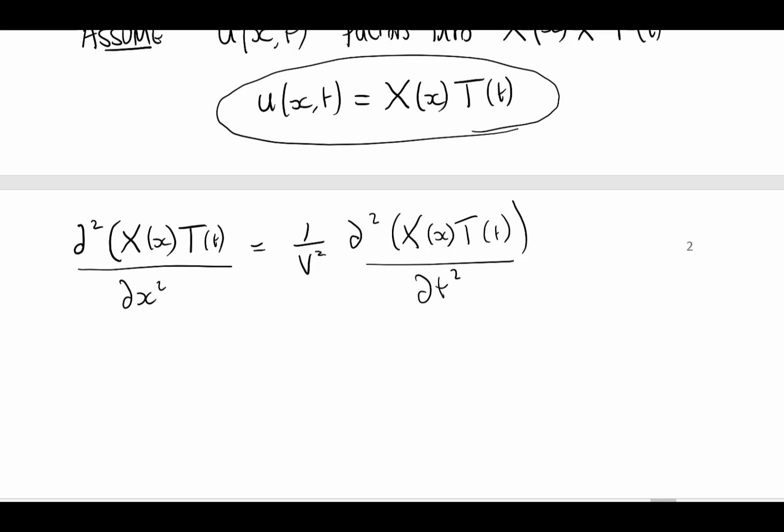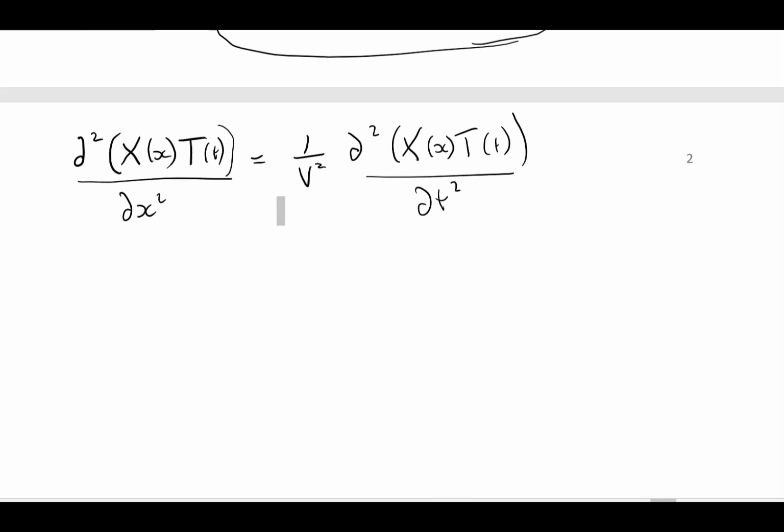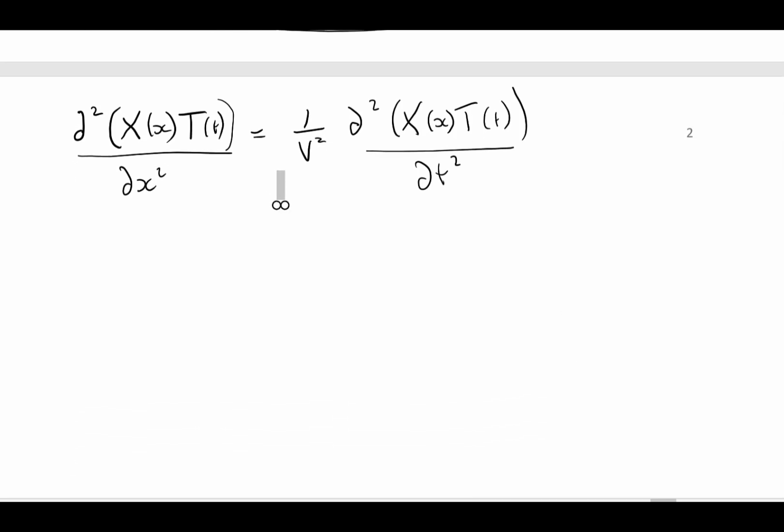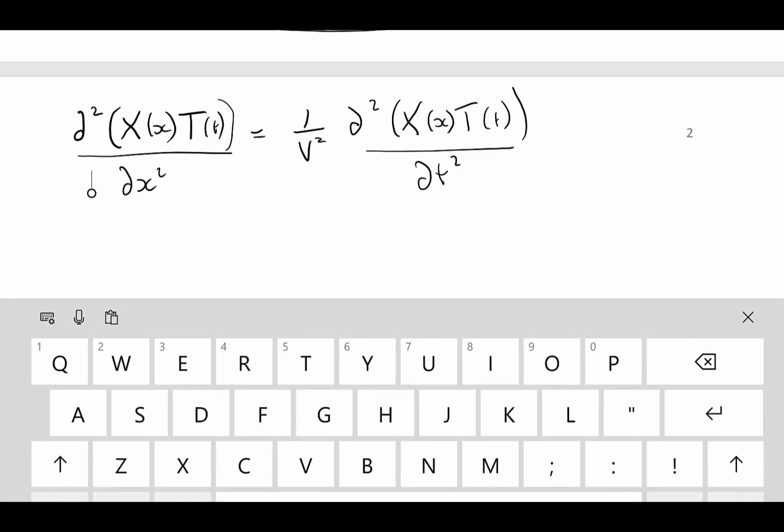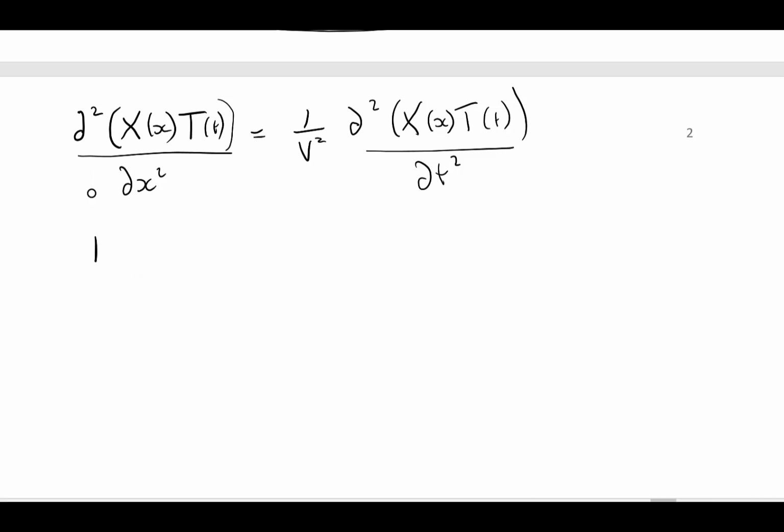So what we can now do, of course, let's put the brackets in place. What we can do is we recognize that this is a second derivative in terms of x. So because T is not varying with respect to x, we can rewrite this as shown. We're going to bring the T outside, T of t, and that's equal.